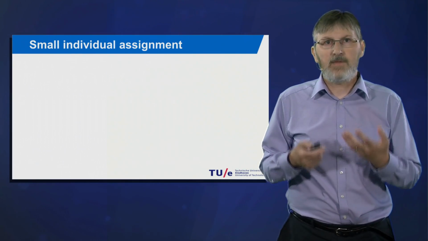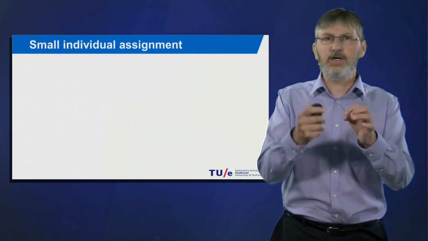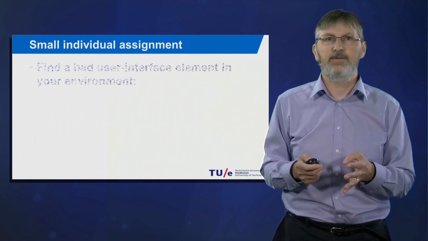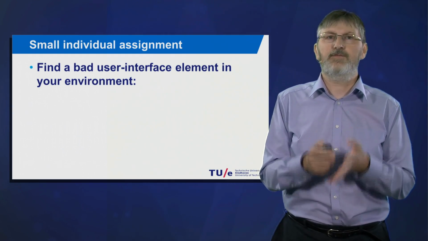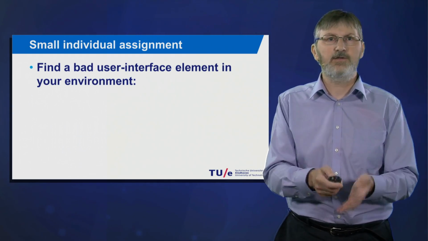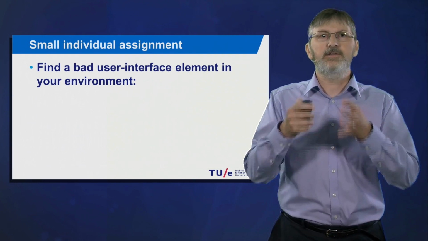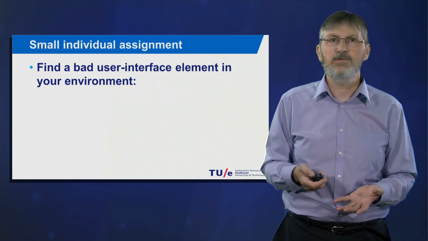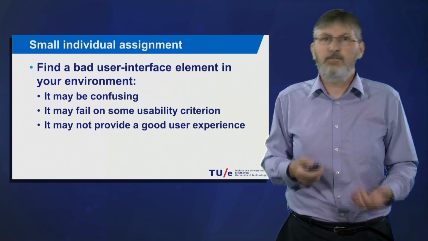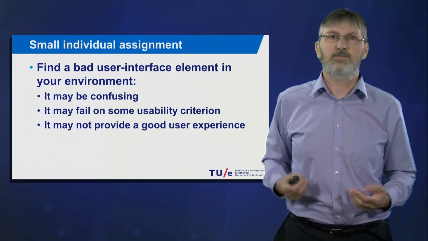So we're going to do a first small individual assignment where you are going to criticize your environment. You will find a bad user interface element in your environment. It could be a light switch, something on your bicycle, something in the kitchen, something that is not enjoyable to use. That can be because maybe it's confusing. You keep on pressing the wrong button because it's in the wrong place.